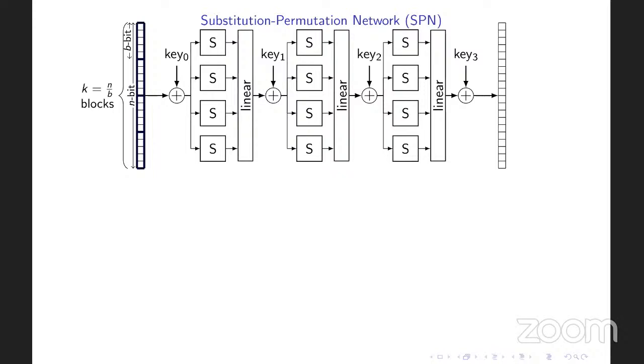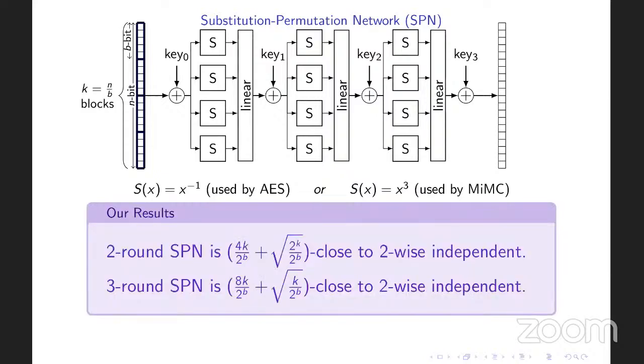For SPN, we consider the S-box being inverse, which is used by AES, or cube, which is used by MiMC. We show 2-round SPN is close to 2s-wise independent, and the 3-round SPN is even closer to 2s-wise independent.